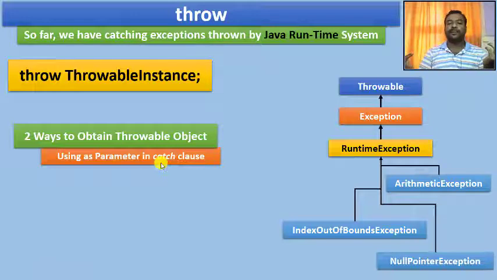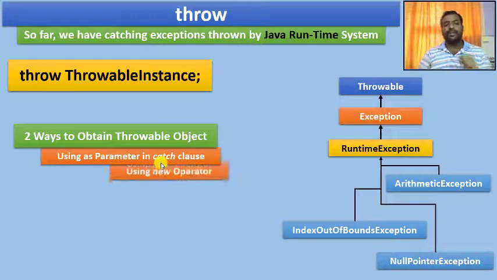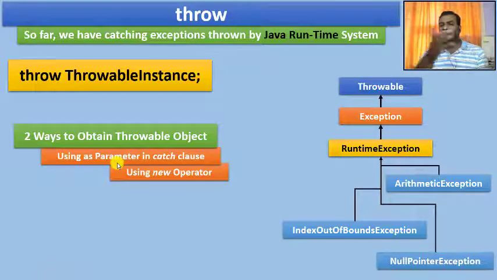Just use it as a parameter in the catch clause. It is going to create an object and I can use the throwable instance. And the second important way is I am going to use the new operator to create the object for any of these classes. Hence, if I use it as a parameter, it is what you have been doing until now using a catch clause. It is not going to give me enough advantage of using a throw keyword.